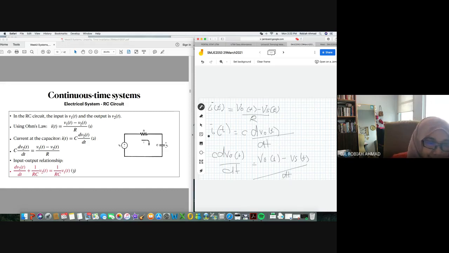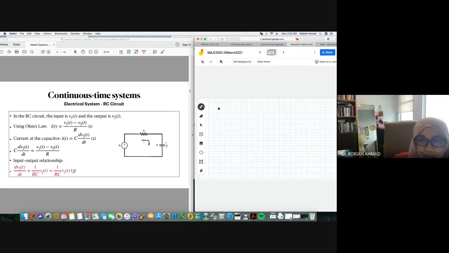Because we defined the system previously in terms of input and output, we write the equation so that we have an input-output relationship. Wherever there is Vo, we put it on the left hand side, and then we equate it with our input. So we have dVo/dt, and then Vo over RC.